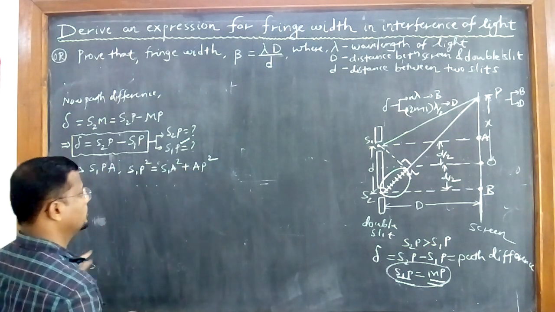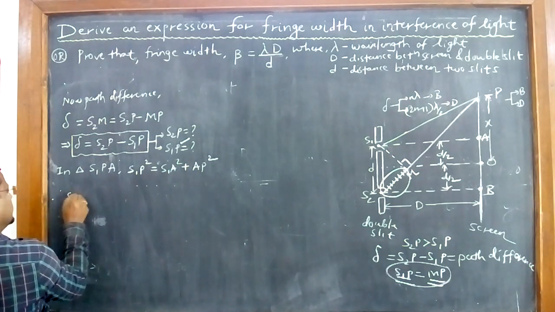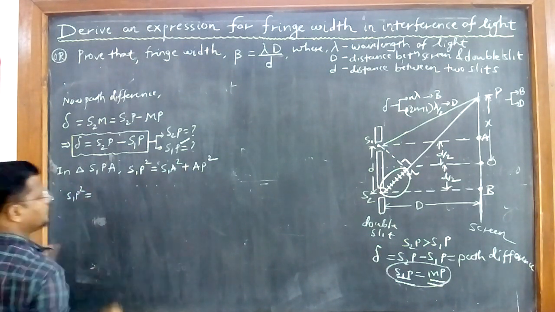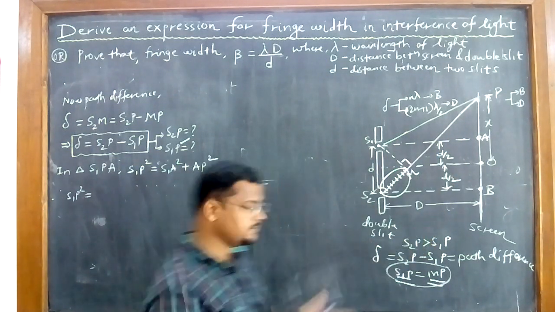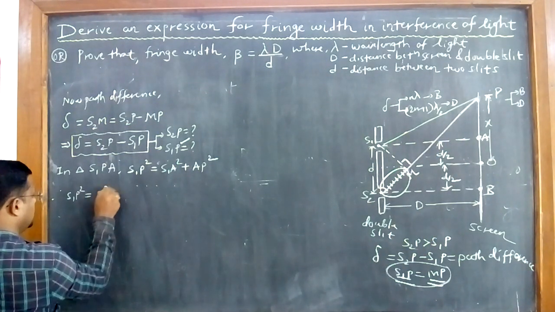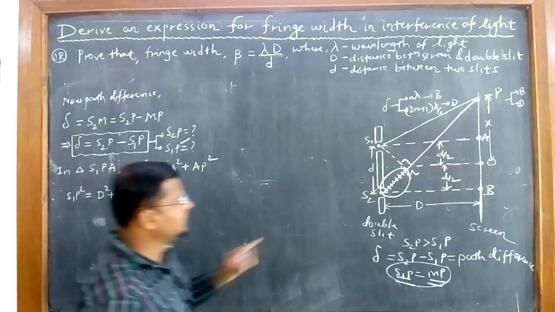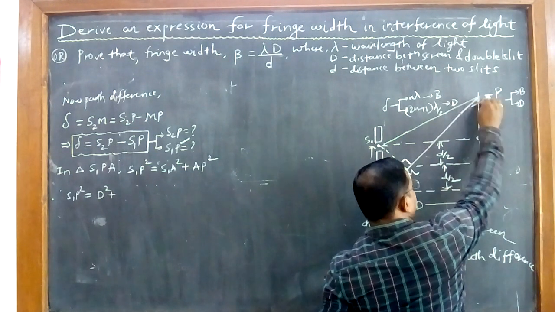Now I can calculate S1P square is equal to S1A square. What is S1A square? It is D square, the distance between the double slit and the screen, plus AP square. AP square means I am talking about this distance.